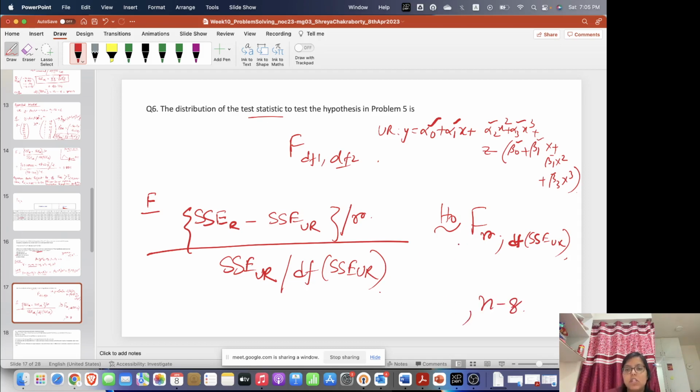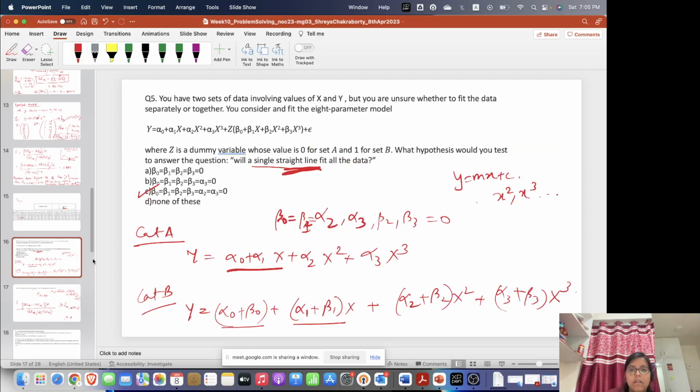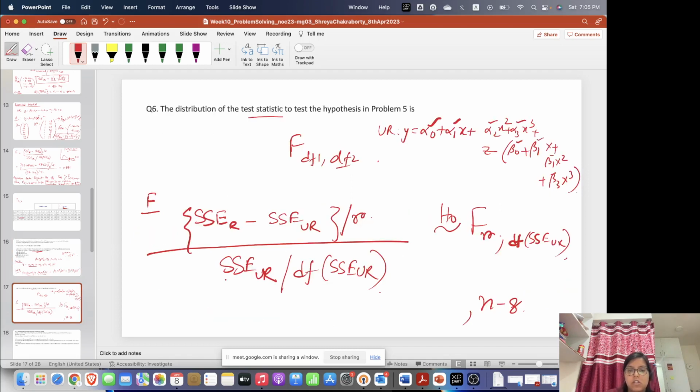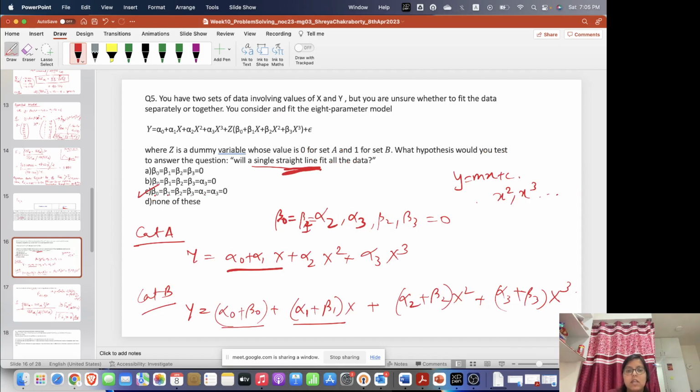And the number of restrictions, how many did we have? So we had 1, 2, 3, 4, 5, 6 restrictions. So then R would be 6. So this is the distribution of the test statistic. Is it clear? Number of restrictions: how many parameters are we setting to 0? 1, 2, 3, 4, 5, 6. So 6 restrictions.